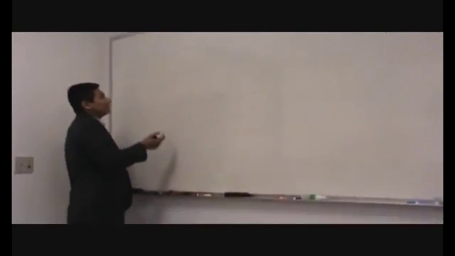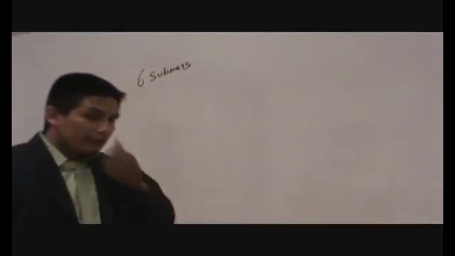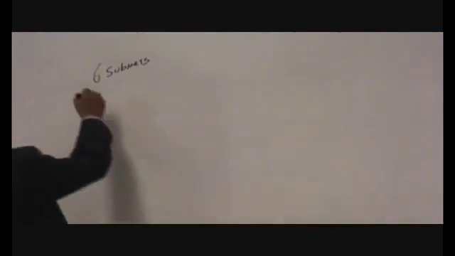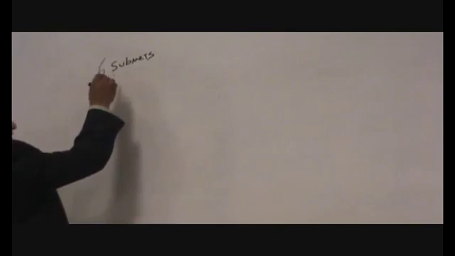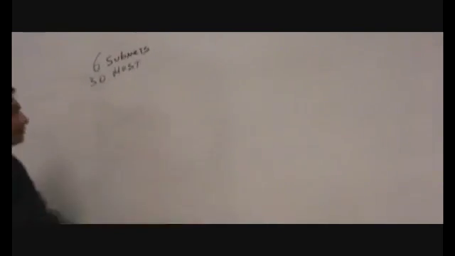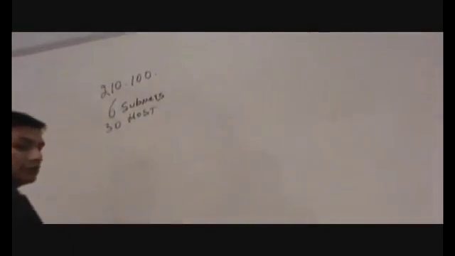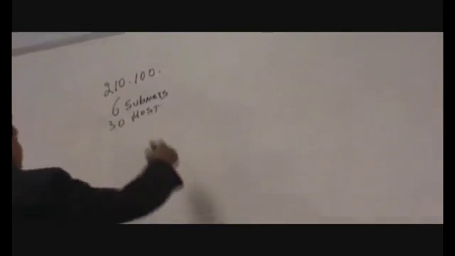All right, so let's present a problem here. Let's say that we need to have 6 subnets, and you need 30 hosts or 30 computers per subnet, and you have been given an IP address of 210.100.56.0.